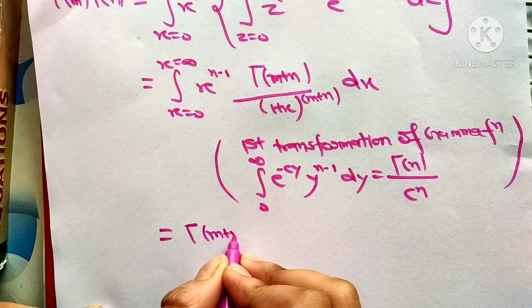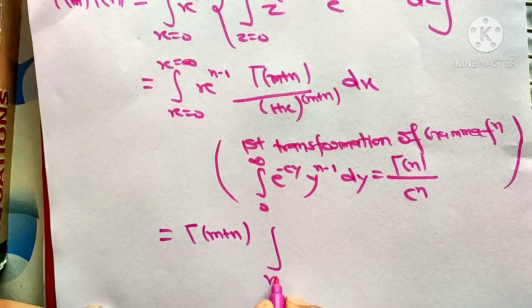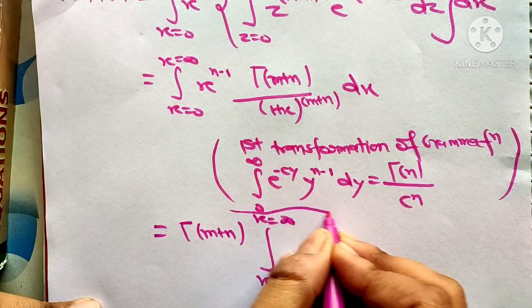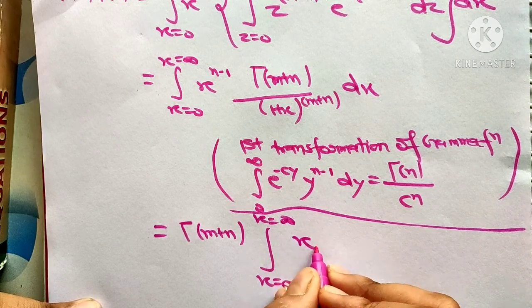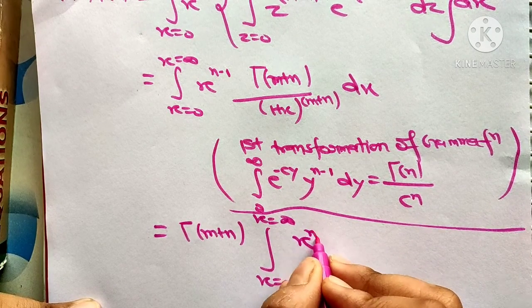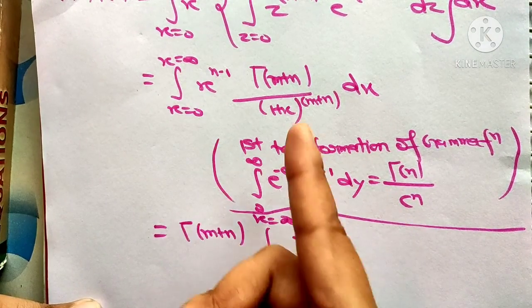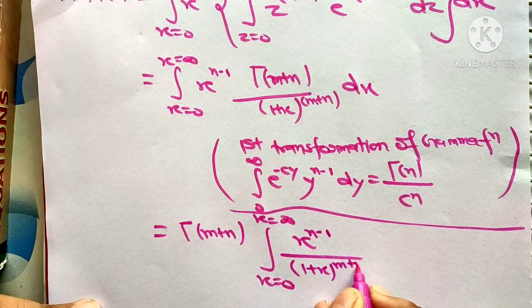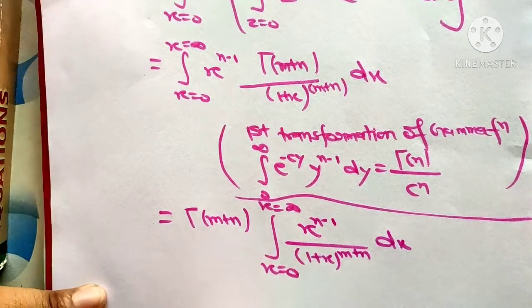Gamma m plus n is constant, so keep it outside. Integral x from 0 to infinity of x to the power n minus 1 upon 1 plus x to the power m plus n dx.